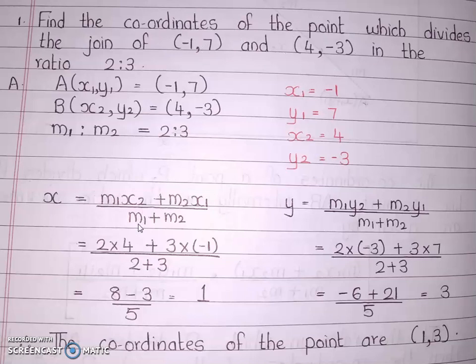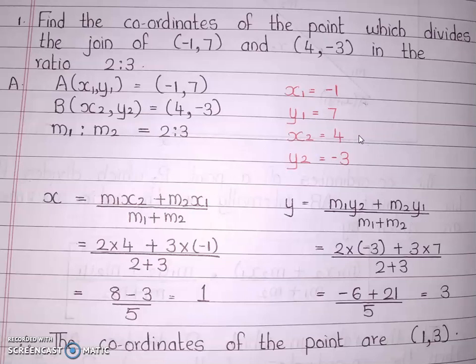You should write the section formula for the x coordinate and the section formula for the y coordinate. x is equal to (m1x2 + m2x1) by (m1 + m2). y is equal to (m1y2 + m2y1) by (m1 + m2).